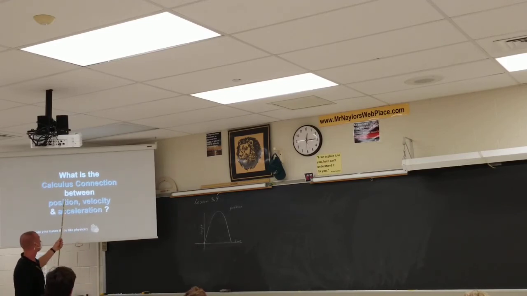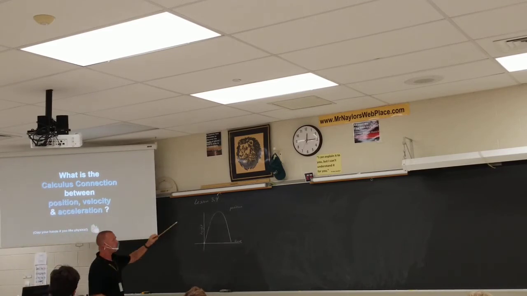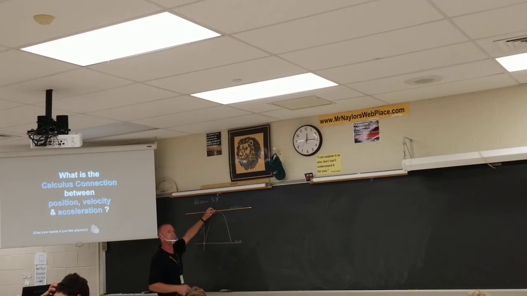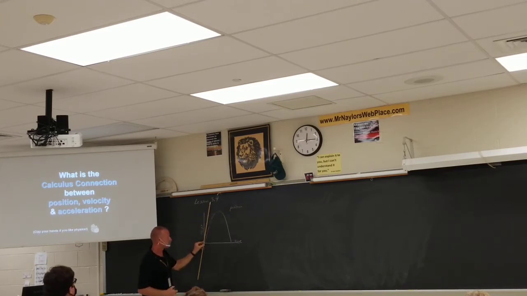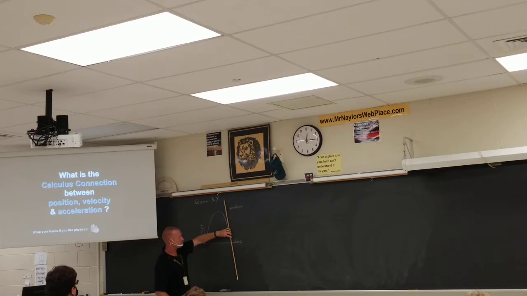Okay, and again, the simple connection is the slope of this is equal to this. Kind of like Colton said, the derivative of this is equal to this. So when we use our slope glasses and we see a slope of 0, we actually see a velocity of 0 also. So, big slope, big velocity. At the end of the graph, we also have a steep slope, but it's negative.